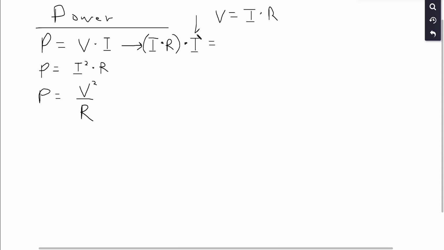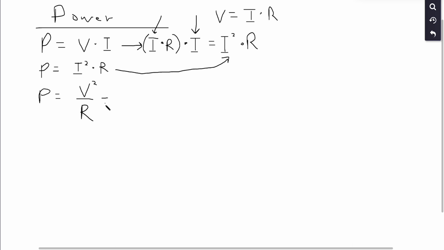We have two currents, two I's, and so it'll be I squared times R, right? And we can see that this, the second equation here, is equal to the simplification we just had. So let's skip that second equation since we've shown equivalence to the first one.